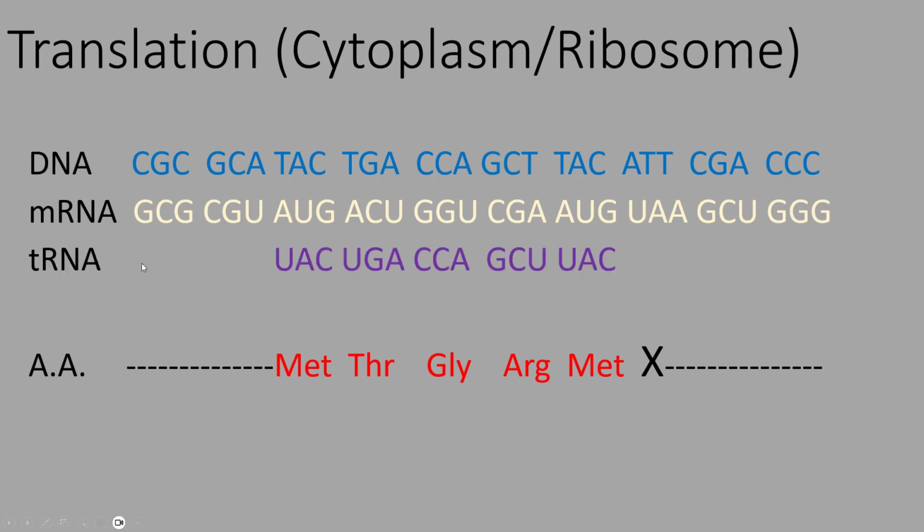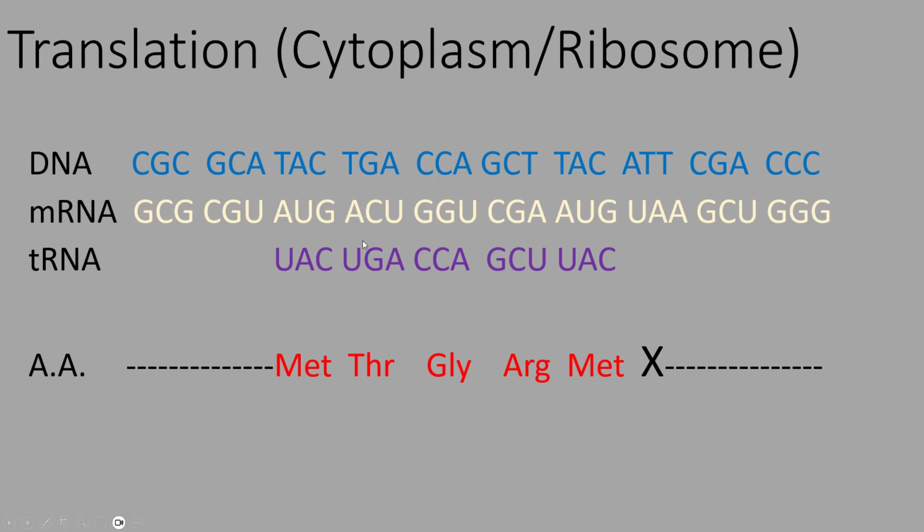I left a space there because we have transfer RNA who's going to do a job. Remember, even though ACU says threonine, it's tRNA who goes and grabs the threonine and brings it back. How do we know which tRNA to use? Well, because the anticodon of the tRNA matches the codon of the mRNA.